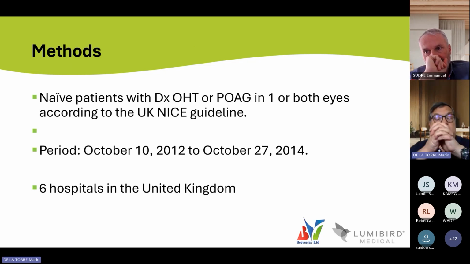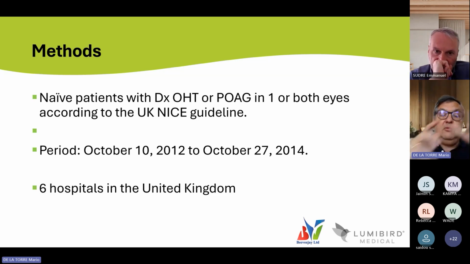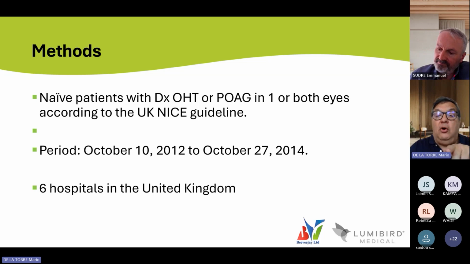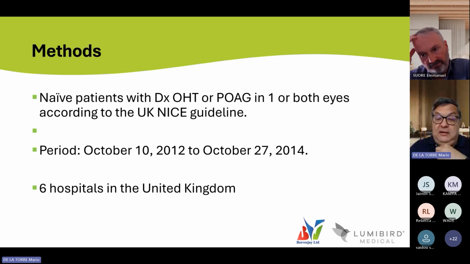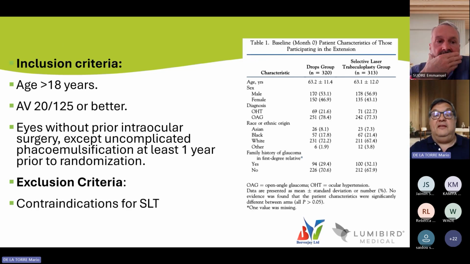What are the methods? They selected naive patients with a diagnosis of ocular hypertension or primary open-angle glaucoma in one or both eyes, according to the UK NICE guideline. It was done from October 2012 to October 2014, in 6 hospitals in the United Kingdom.